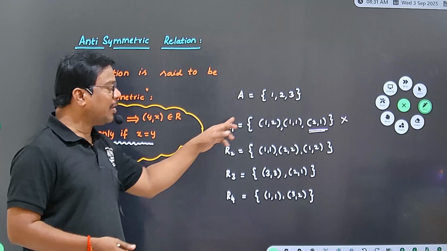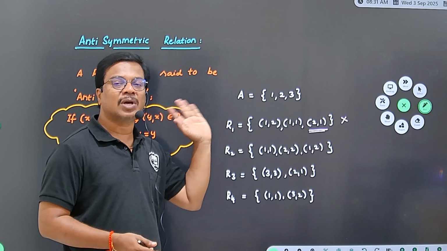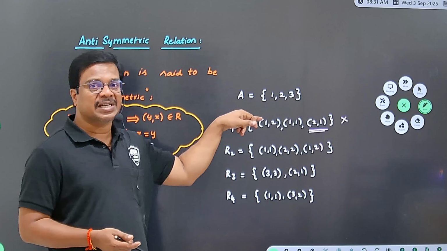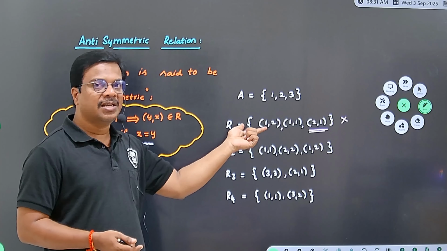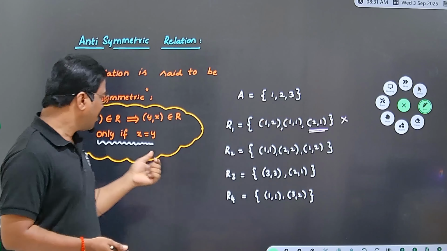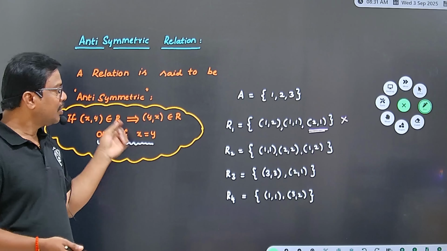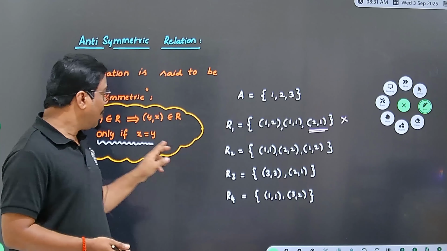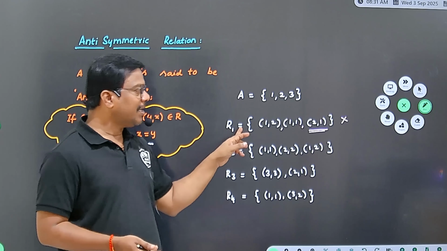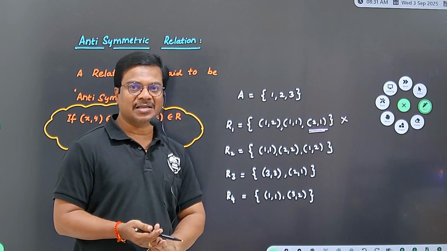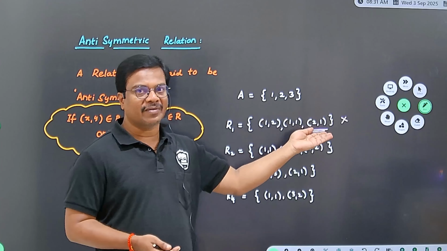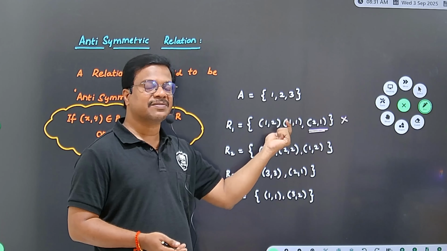So if (1, 2) is present in the relation, then (2, 1) must not be present in that relation. If (1, 1) is present, obviously its reverse, again (1, 1), belongs to that relation. So the possibility to write its symmetric pair exists only when both the coordinates are the same. Remember, it is symmetric: (1, 2), (2, 1), and (1, 1) with its reverse (1, 1).